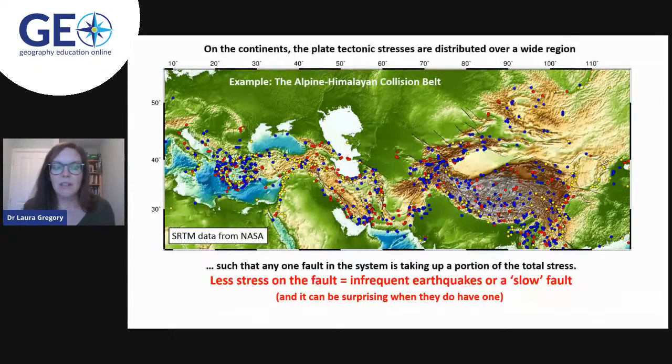And so these are continent-continent collisions, and within the continents in these areas, we see that the earthquakes are actually much more widely distributed. All of these dots represent an earthquake that has happened in our record. There's more than this, but this is just some of them.